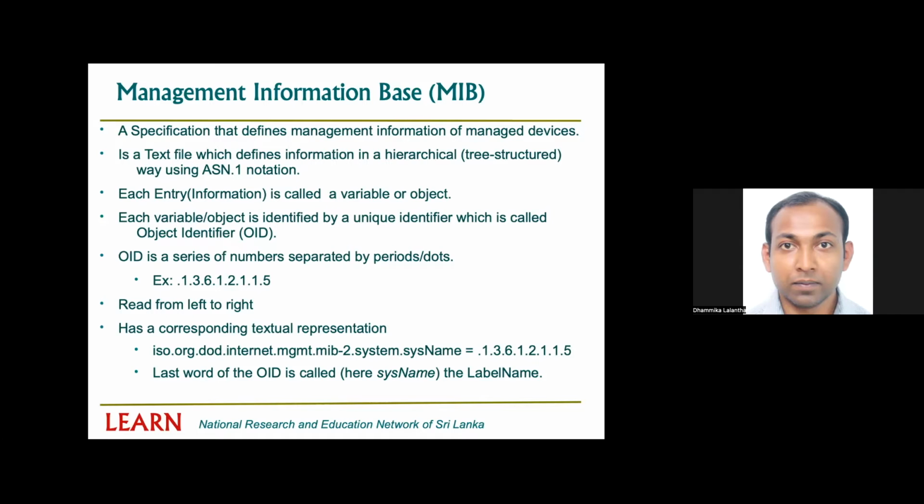We also know that computers and software applications don't understand the names, so they normally go with the numbering. So here is the object identifier, a hierarchical, numbered notation for identifying particular objects.